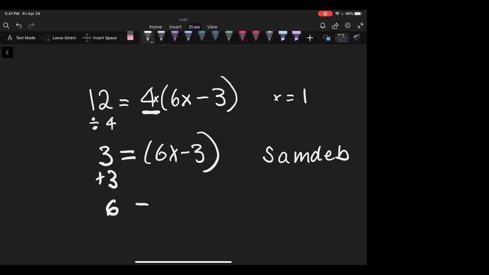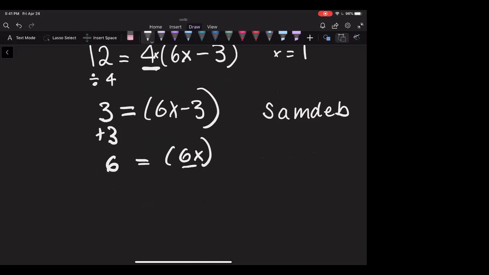So 6. Now we have multiplication, so we're going to divide by 6 on this side. X is equal to 1. Yeah, that's what I said. Good job. You're really good at this, Irish. You really picked up on how to do these.